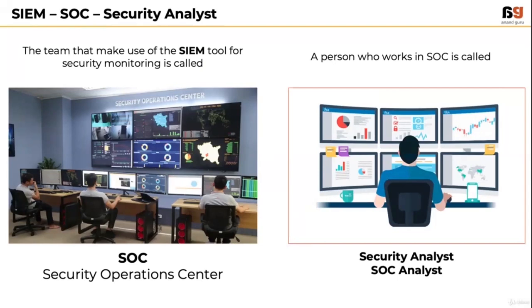Now, this is a sample of a SOC center where people stay and monitor systems. And what are they looking out for? IOCs, indicators of compromise. Once they find one, they alert the team behind them, come, we are seeing something.